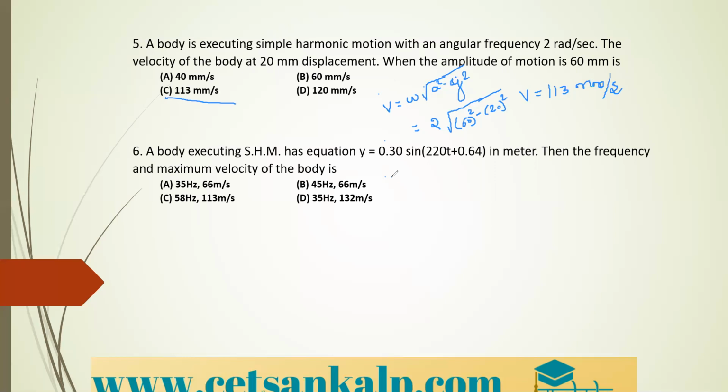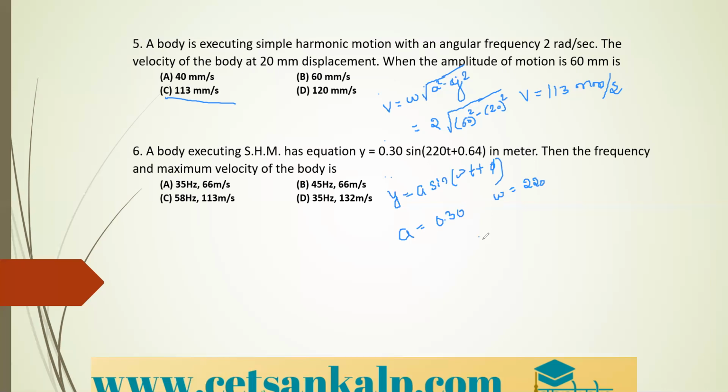What is our standard equation? We have y is equal to a sine omega t plus pi. So compare the equations, where amplitude a is equal to 0.30, and omega is equal to 220.